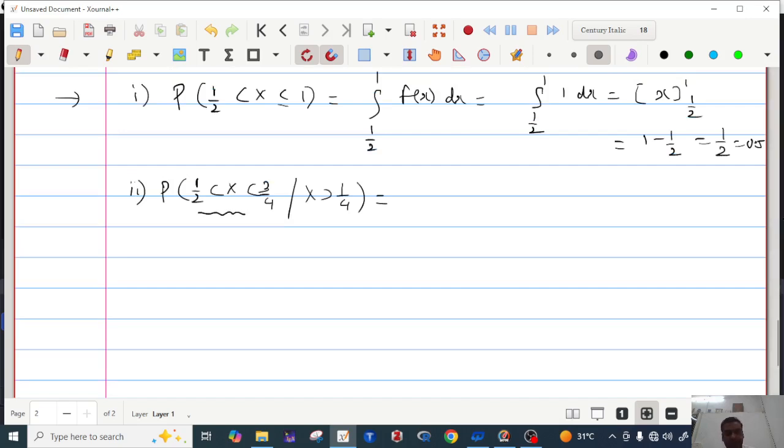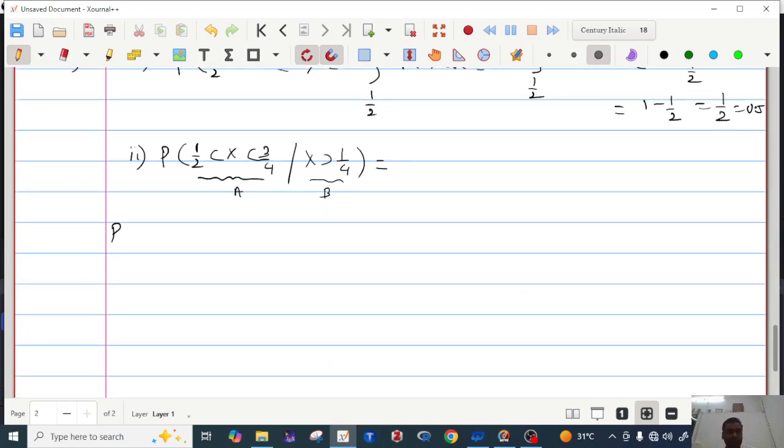Suppose this part is A and the other is B. This is the probability of A given B. We find the probability of A given B by the formula: probability of A intersection B divided by probability of B. Here A is 1 by 2 less than x less than 3 by 4 and B is x greater than 1 by 4.